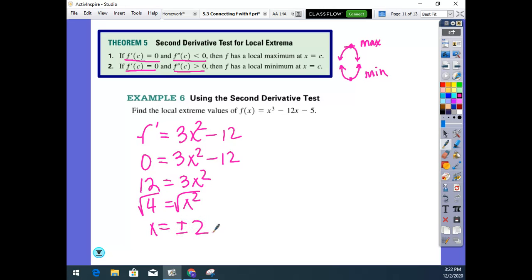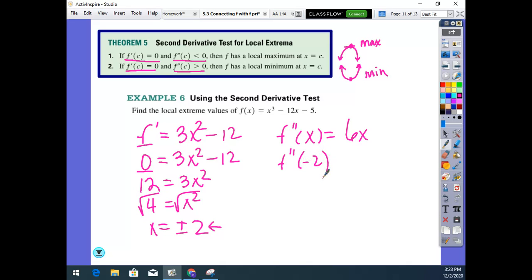We get plus or minus 2 are the two places where the derivative equals 0. There's no interval, so nothing to pay attention to there. Take the second derivative, which is just 6x, and we just test out each of these values.